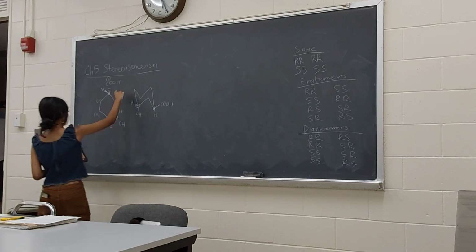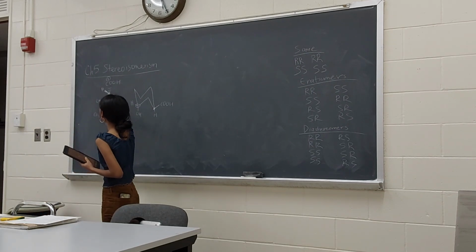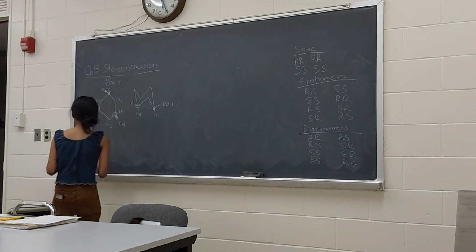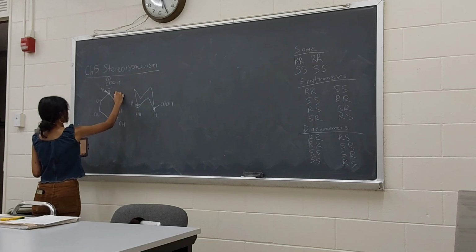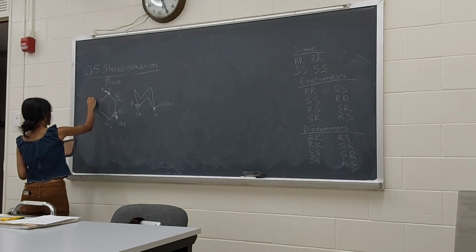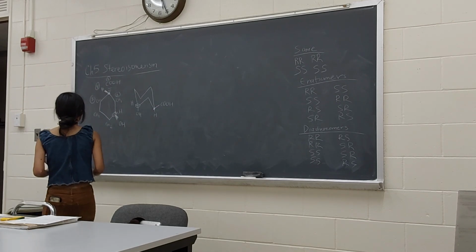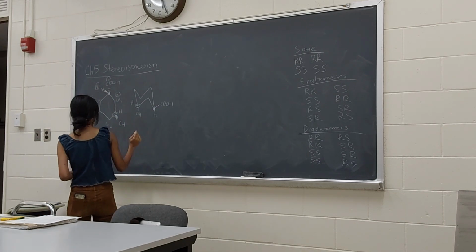After you pass these 2 CH2s, this one's next to one with an OH, and this one has another CH2. So this will be 2, this will be 3, and hydrogen is always 4, right? Same thing for this one.